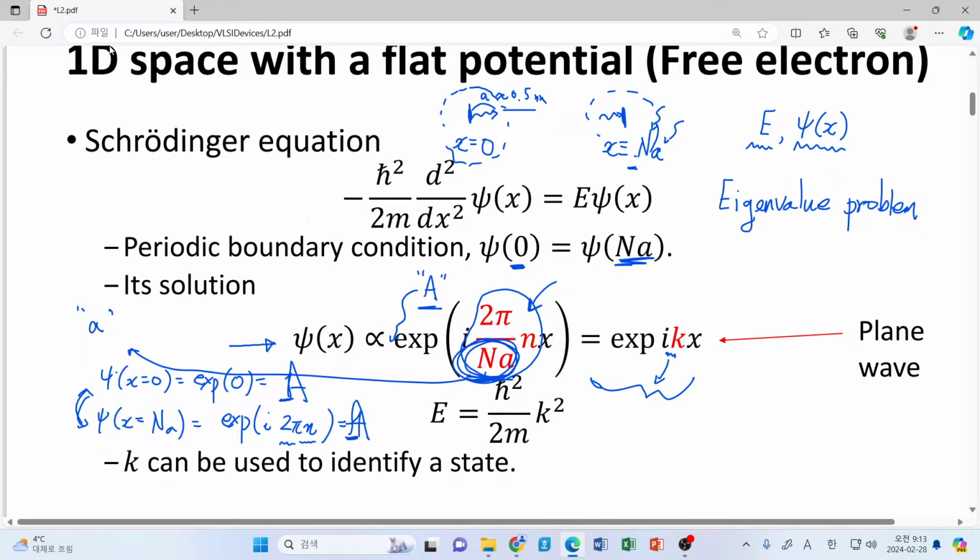N is an integer, which is much larger than number 1. We are now considering quite a long system. So this length scale is quite long. So now we can see that the difference between one k value and the next k value is quite small and can eventually be regarded as a continuous number.